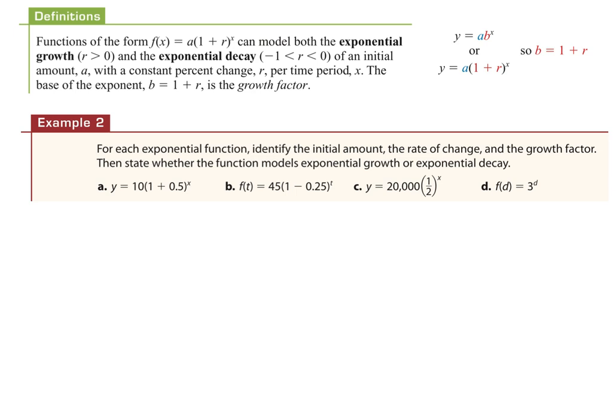One way you can tell if this is growing or shrinking is based off of the rate. We can look at the rate. If you look over here, the form is y equals ab to the x, where b can be written as 1 plus my rate. Think about when we did investment accounts.